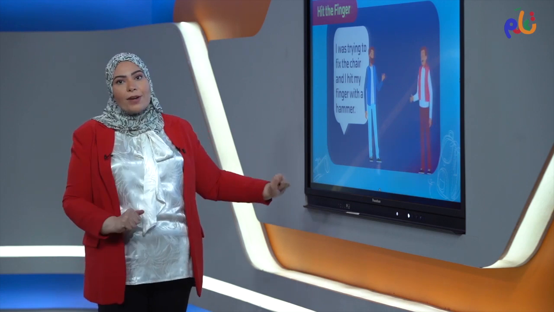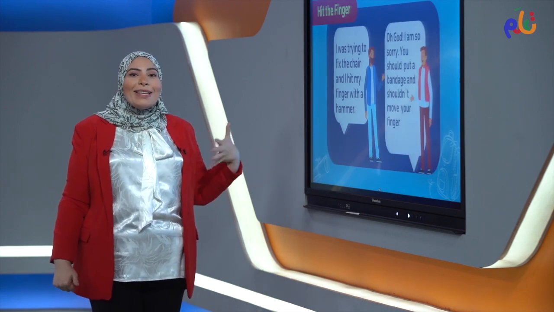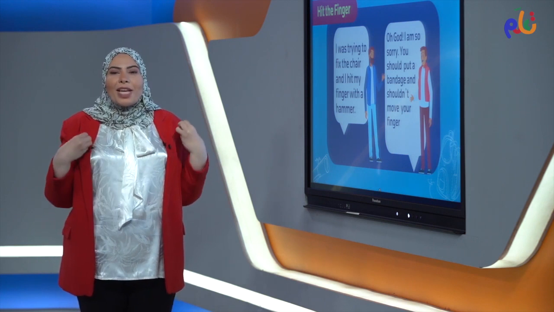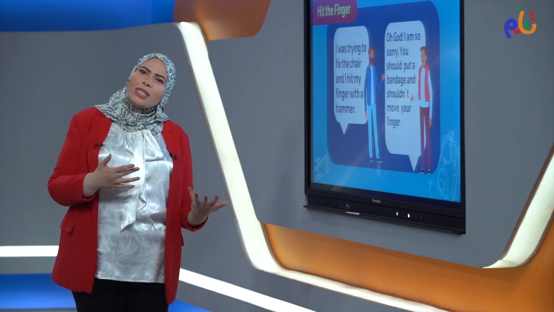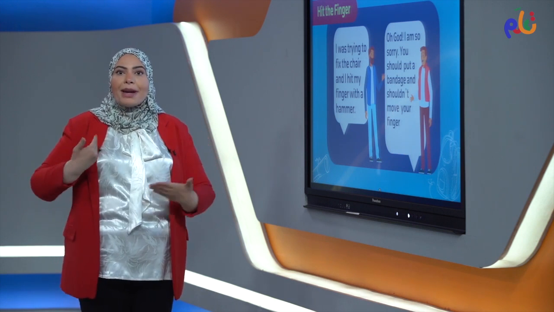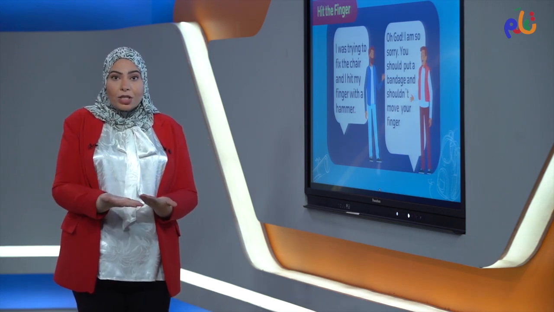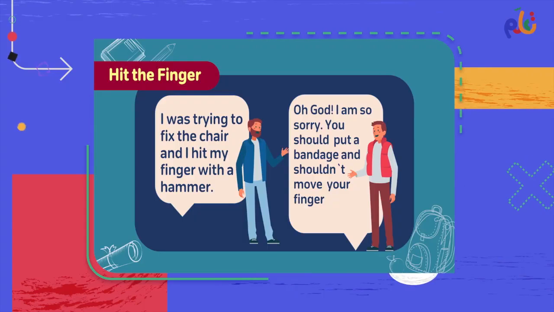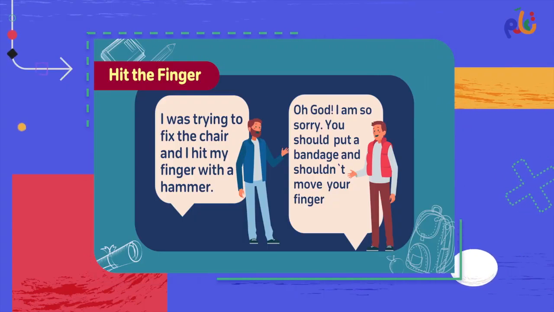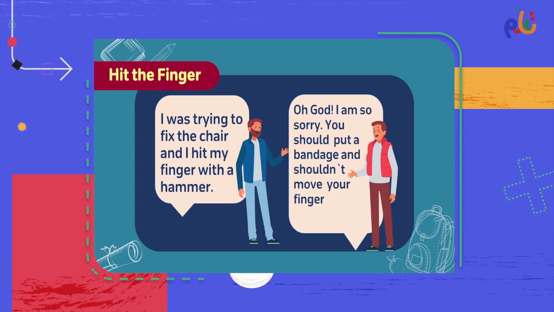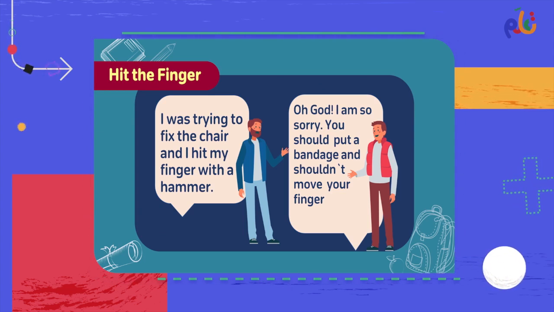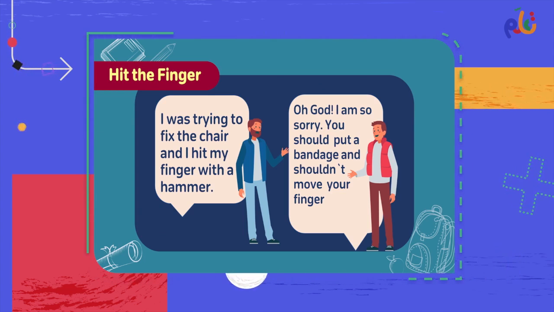And we have his friend. When his friend listened to this, the first reaction we have when you hear something bad is like, oh dear, oh God, if you remember reacting to bad situations. So, oh God, I'm so sorry. So this is showing sympathy. And then you should put a bandage and shouldn't move your finger.